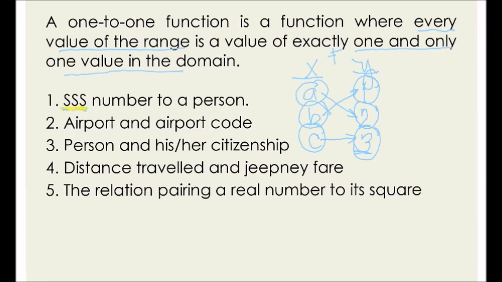Though it's not much used, we still have our code, which is BAG. Now, if you're going to compare that to other airport codes in the world, no airport code will be the same. Therefore, this relationship is one-to-one, just like the first example about the SSS number.